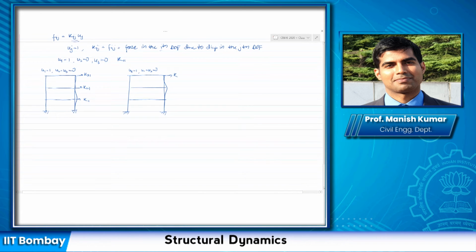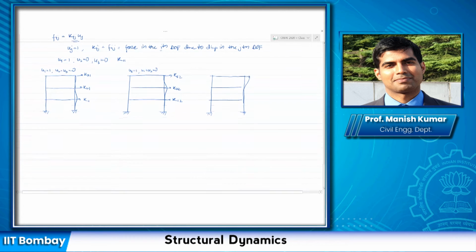This would be now what? I'm applying force at the second degree of freedom. So the second subscript is actually 2 here. And this is degree of freedom 3. So K22 and K12. Okay. And then I'm applying the third one. So what I'm doing now, I'm applying a unit displacement at degree of freedom 3, and keeping it 0 at other degrees of freedom.